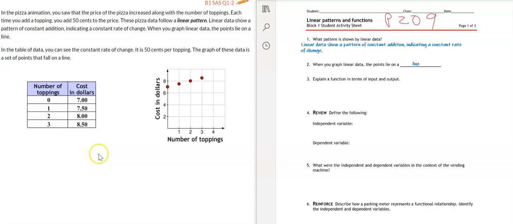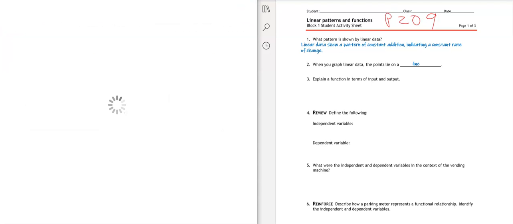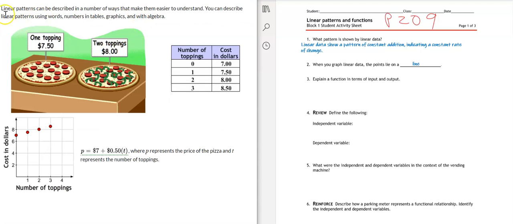All right. So let's go to our next page here on the left. Linear patterns can be described in a number of ways that make them easier to understand. You can describe linear patterns using words. One topping is $7.50, two toppings is $8. Numbers in tables, 0 toppings, $7, one topping, $7.50, two toppings, $8, three toppings, $8.50.